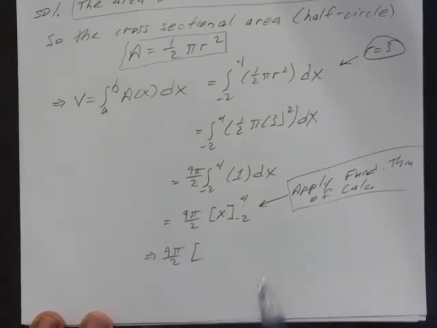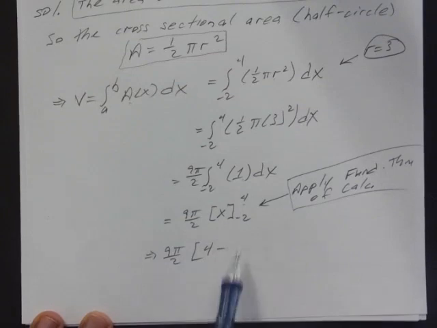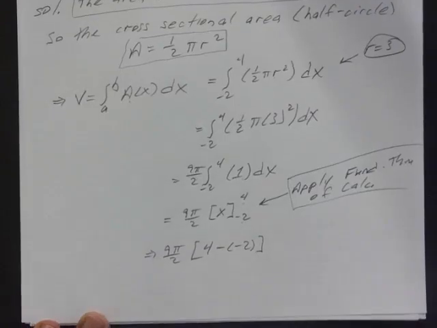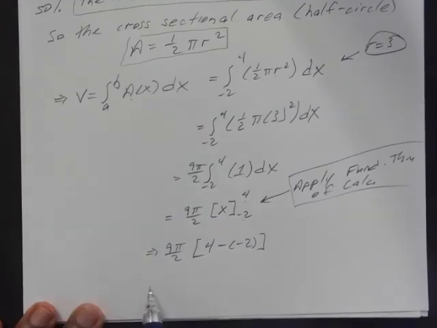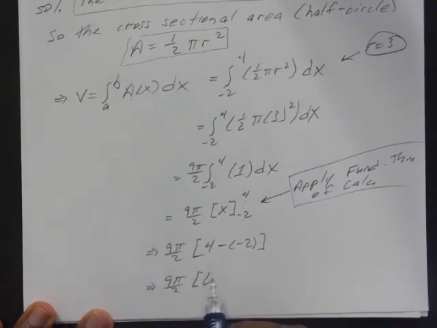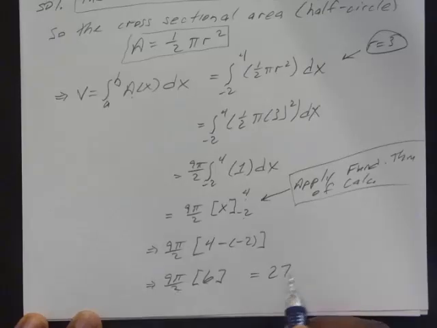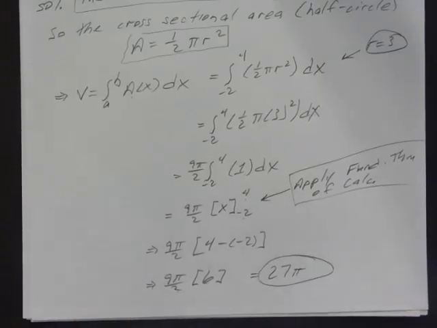Plug in our upper bound, which is 4, minus plug in our lower bound, -2. That gives us 9 pi over 2 times 6. Well, 6 divided by 2 is 3, so that just gives us 27 pi if they wanted the exact value. And they'll usually tell you the exact or decimal approximation.